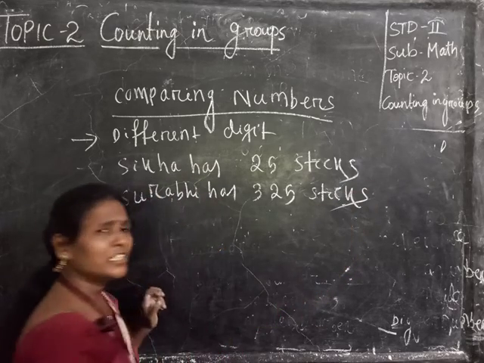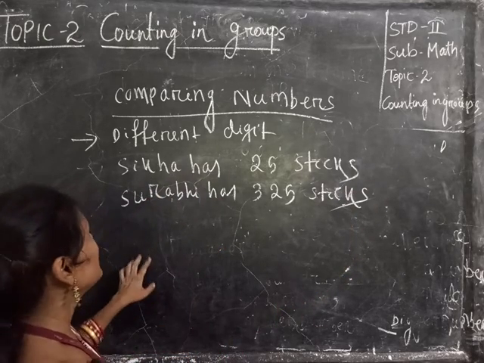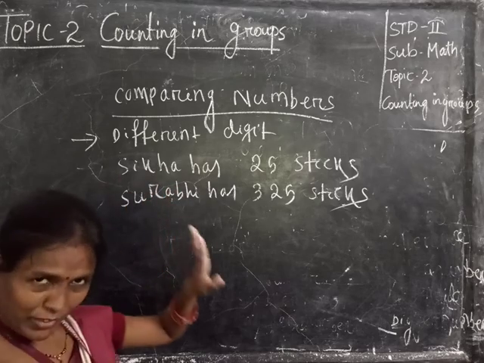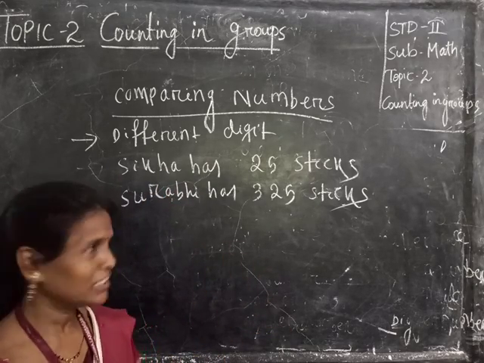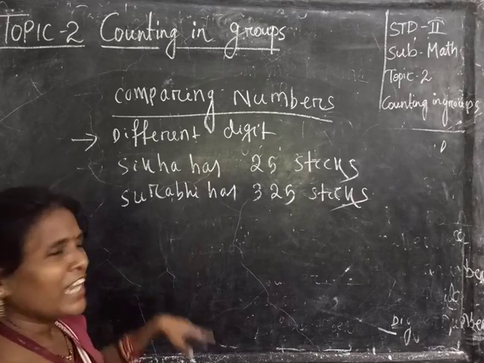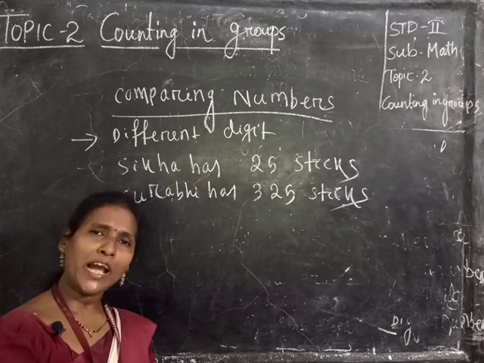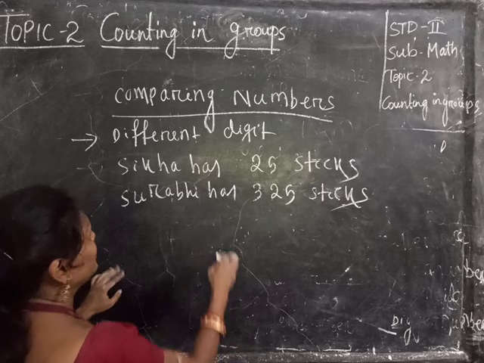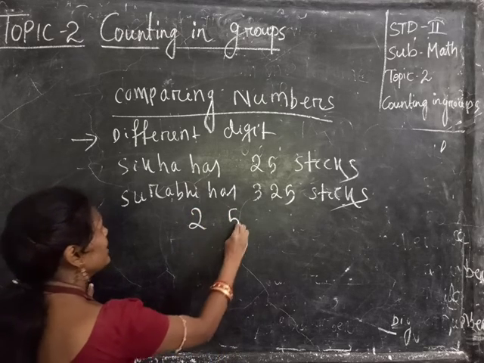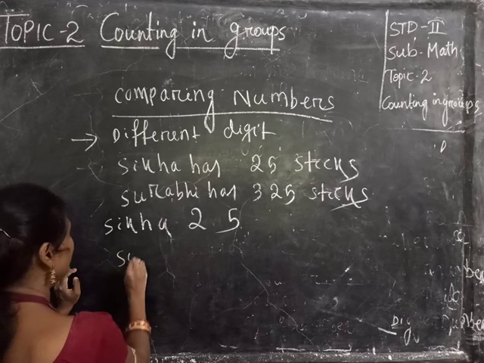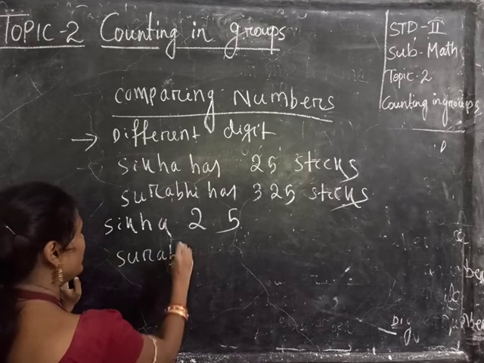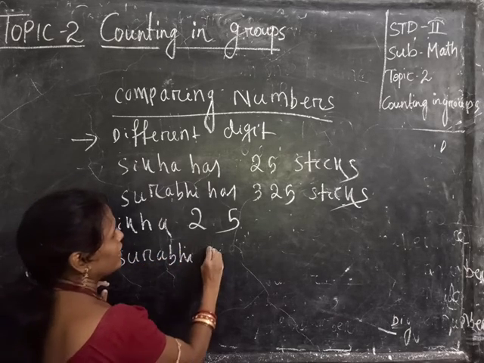So the question is, students, tell me, Shikha has 25 sticks and Surbhi has how many? 325 sticks. Okay. So tell me, does Shikha have more sticks or does Surbhi have more sticks? For that we will see, I am writing Shikha, and here I am writing Surbhi. Right?